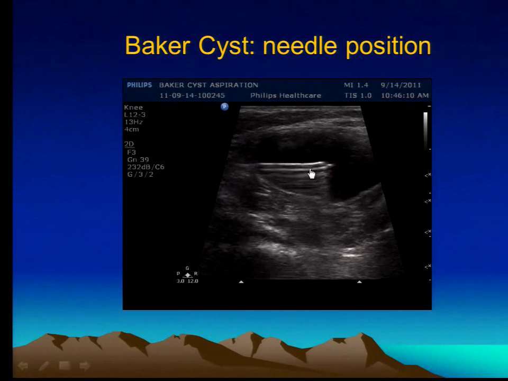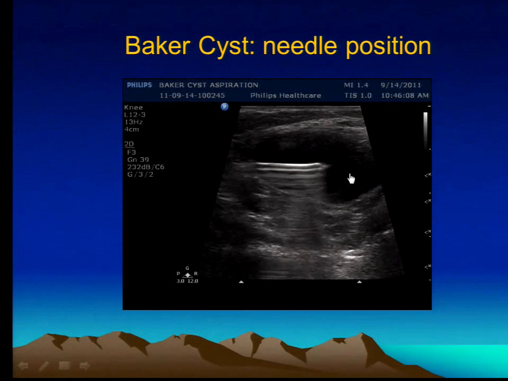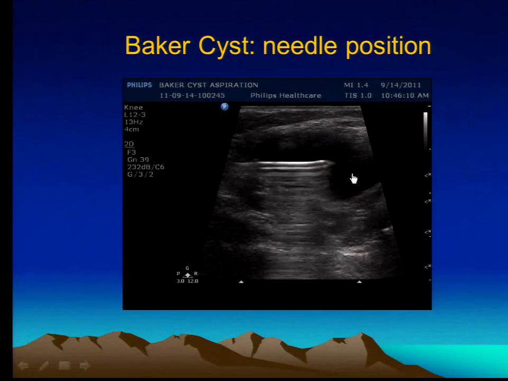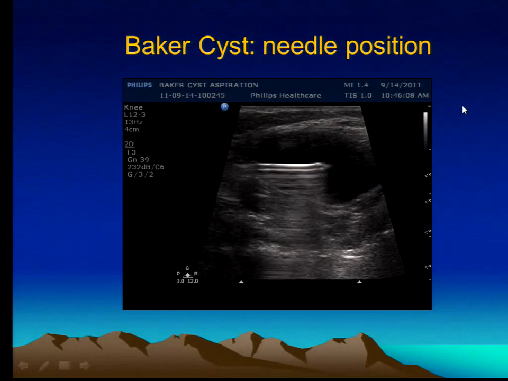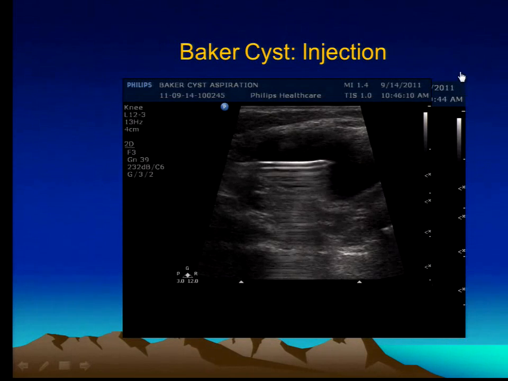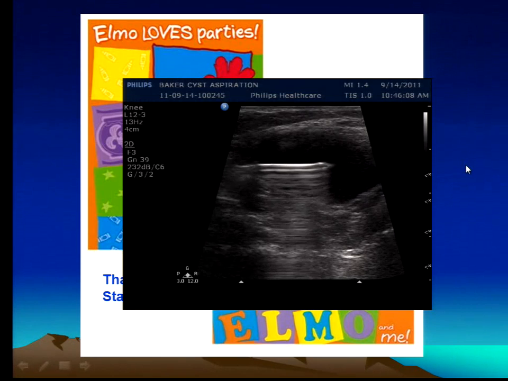The Baker's cyst is so large. This particular patient had a neuropathy because it was compressing the tibial nerve, and it was creating quite a problem with ambulation. And then we injected the steroids. I have a picture of the steroid injection here. Let me go to the next one here.